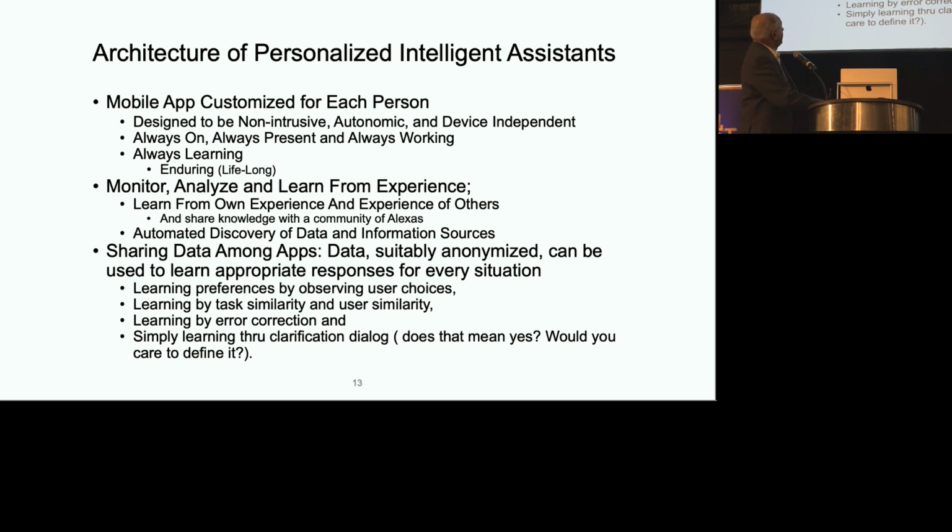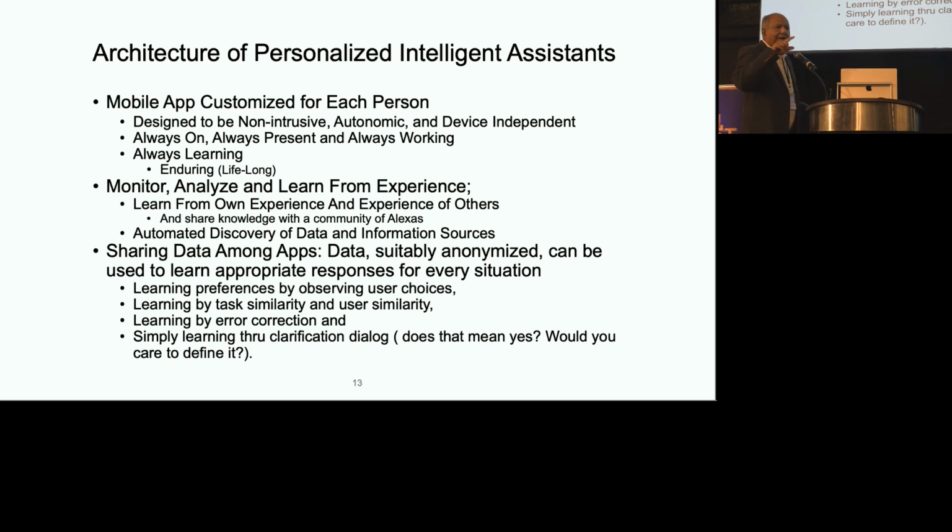So the architecture is very interesting if you think about what is involved in an intelligent agent architecture. It must be always on, always working, and always learning, lifelong learning. How do you design such a system?